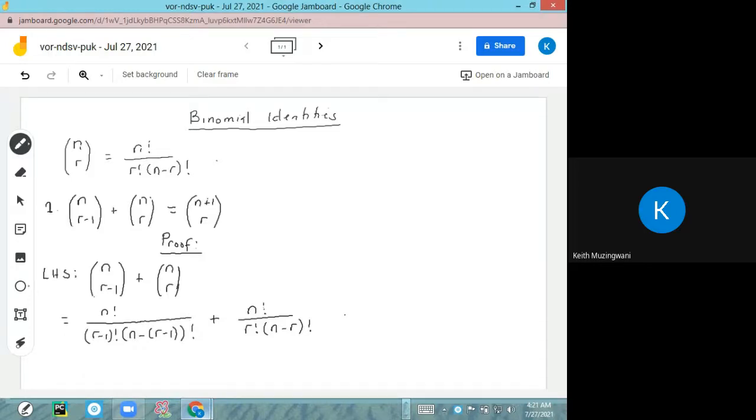Okay, from there we simplify further, so this is equal to still n factorial on top over r minus 1 factorial and then n minus r plus 1 factorial.